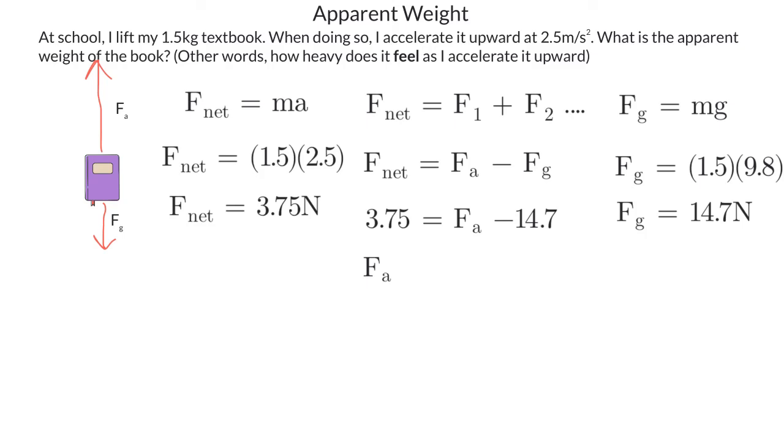So FA is going to equal 3.75 plus 14.7, and I'll get 18.45. Well, let's round that to 18.5 newtons.